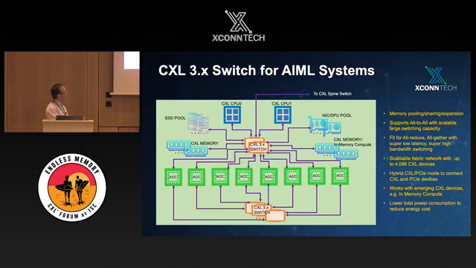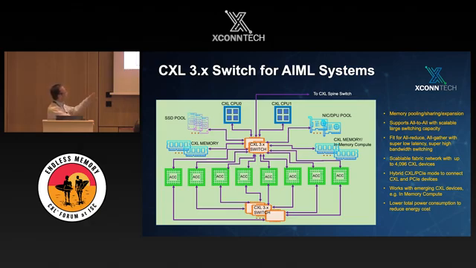Through the CXL 3.x switch, the PCIe bandwidth is large enough to support all this, and you can have multiple switches to support this activity. In the CXL switch connecting the heterogeneous computing units, we also see that this switch can support all-reduce or all-gather operations as well.